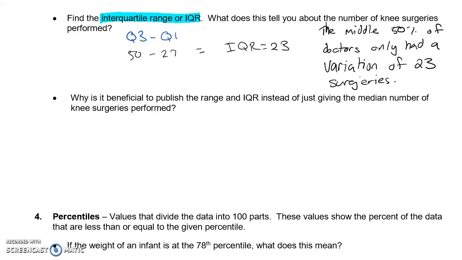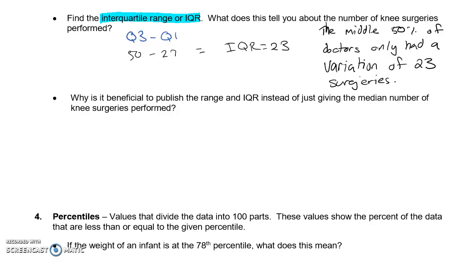So why is it beneficial to publish the range and the interquartile range instead of just giving the median number? Well, as a consumer, it's important to know the range because it tells you the overall difference in the performance. But the interquartile range allows you to focus in on just the middle 50%.